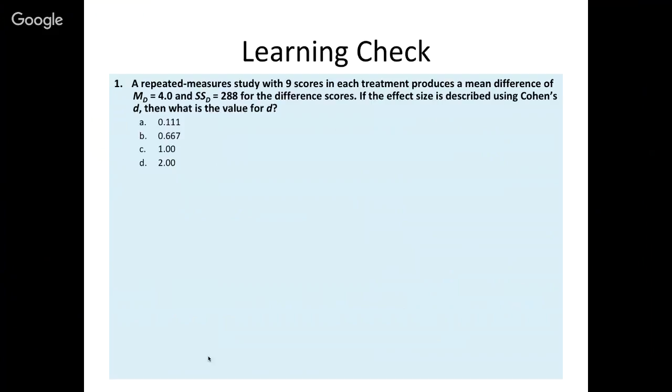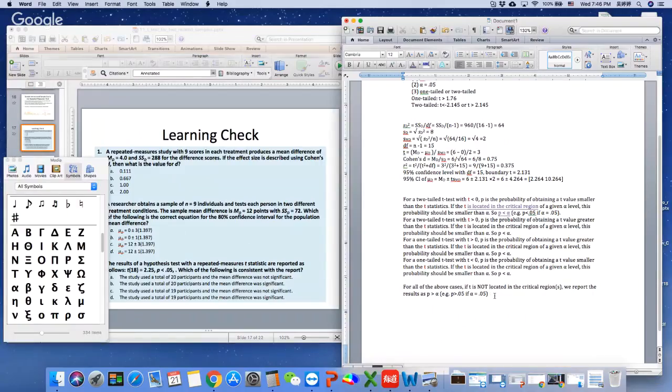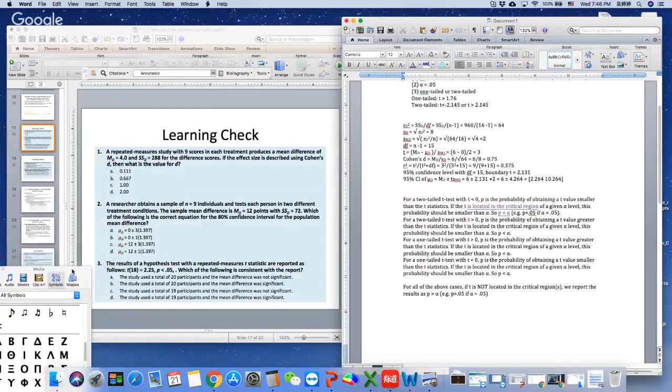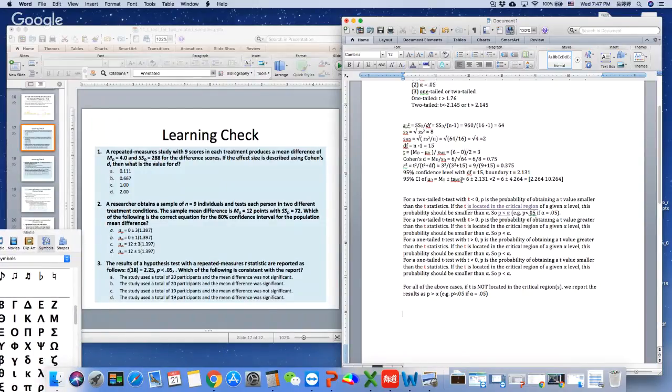So let's do some practice. We learned how to compute the effect size, and then we introduced how the other factors influence the effect size and the hypothesis testing for a paired t-test. In the first question, we are going to compute Cohen's d, using the same formula: Cohen's d equals MD divided by SD, and SD equals the square root of SS divided by n minus 1.